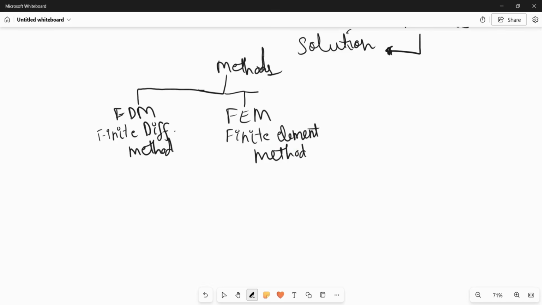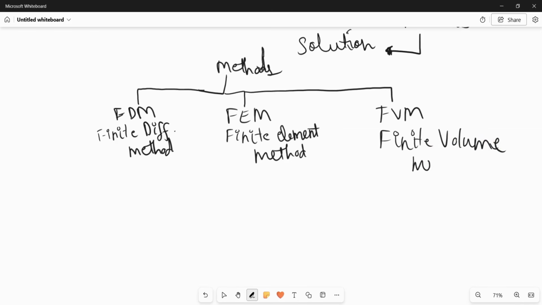And then you have FVM, the most commonly used method for CFD, that is finite volume method, right? So these are the three methods that you will be using for numerical methods in general. I'll just discuss each of them in brief.